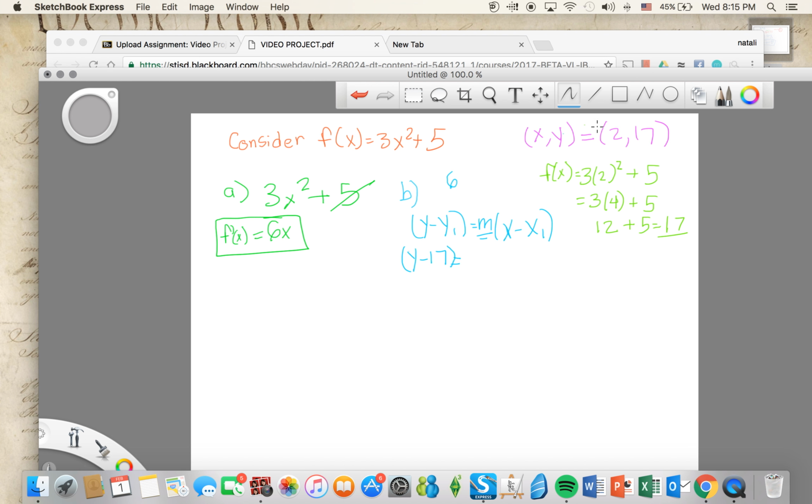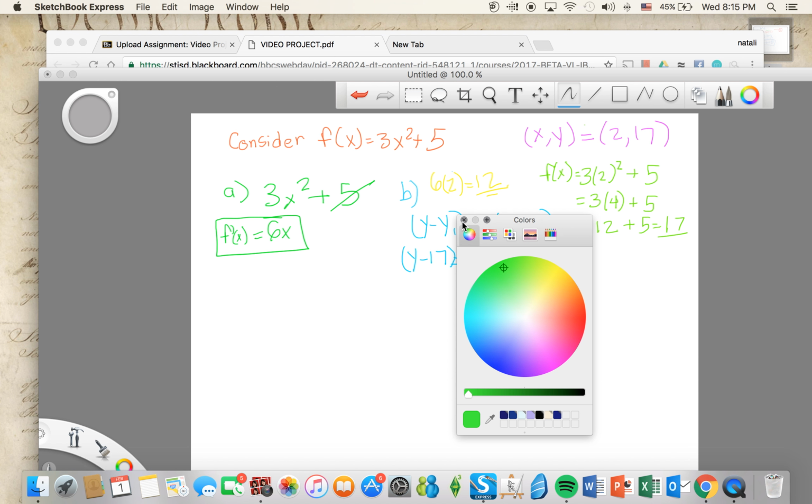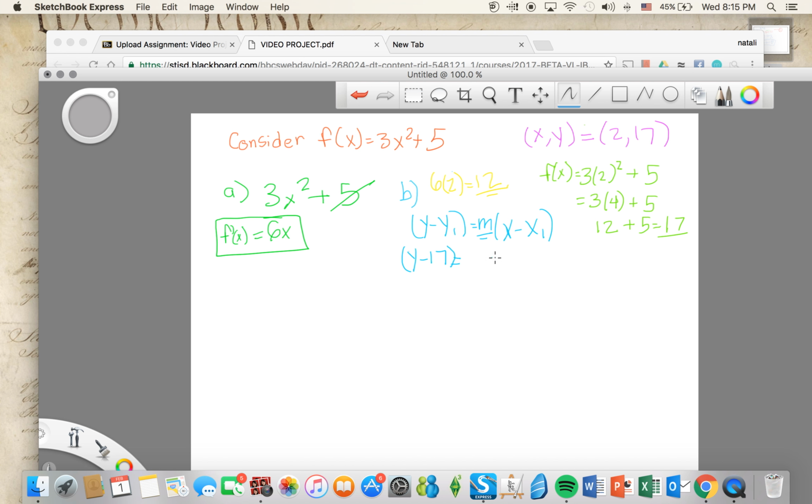I'm going to change colors again. For that, we need to get our derivative and input 2 as they told us to. So that should equal 12. That's probably the easiest thing in this whole set, just doing that.